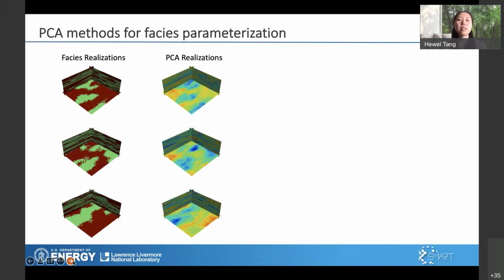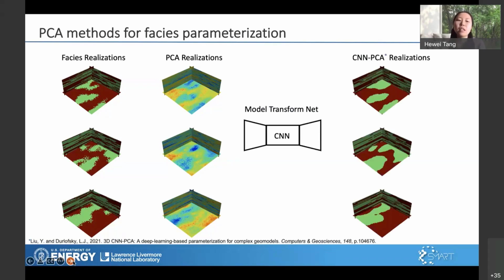The major difficulty in parameterizing this field is the facies, since it follows a binary distribution, and the traditional PCA approach will not work for it. We tried several methods in the literature, including GAN and VAE, and we finally found that the CNN-PCA approach proposed by Dr. Dolovsky's group is the most reliable one, at least for our task.